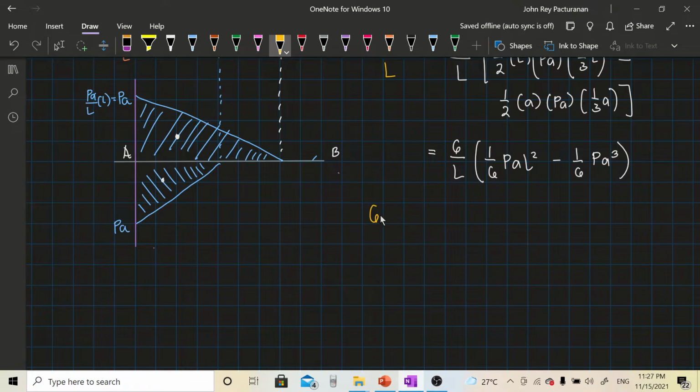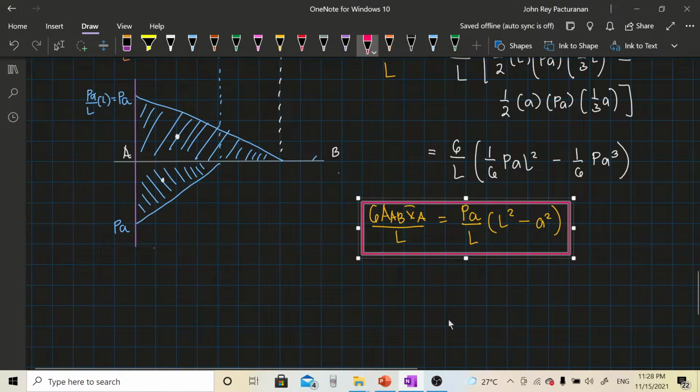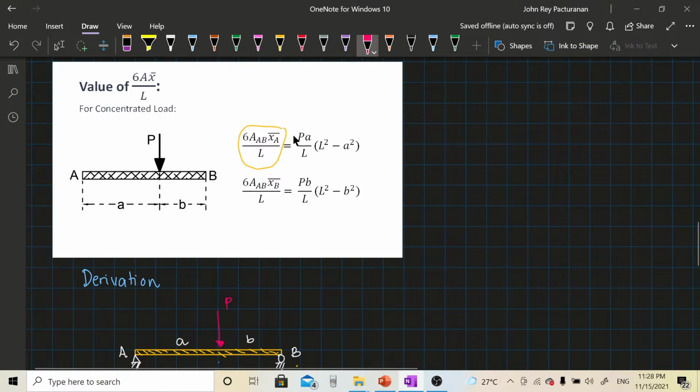So, therefore, yung 6AAB, centroid ng A, over L is equal to PA over L. So, pag finactored natin yan, ang matitira dito ay L squared, while on the other hand is A squared. So, notice that this is exactly the same doon sa formula na nasulat ko.